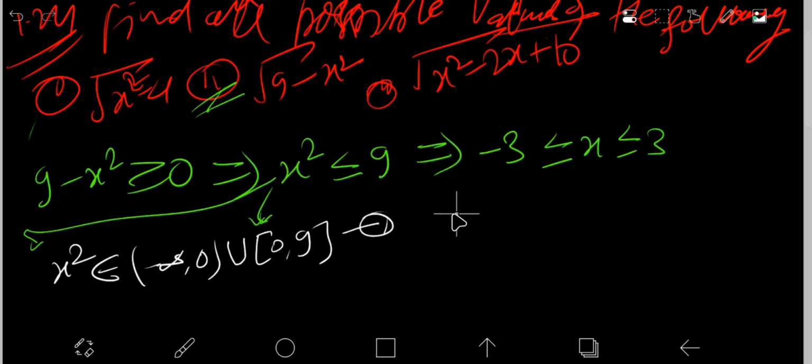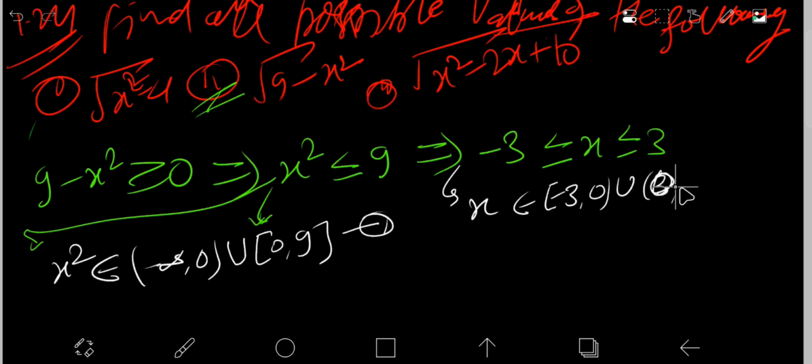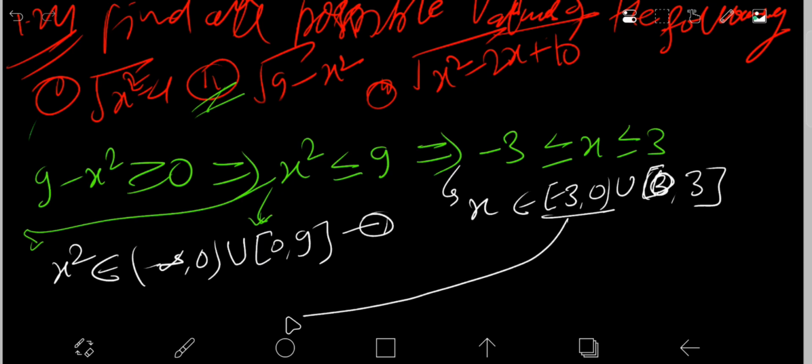And from here we get x belongs to minus 3 in a closed interval to open interval 0, union 0 closed interval, because minus 3 to 3, 0 is also contained and 3 is closed. When you see that here minus this one is contained in this one.